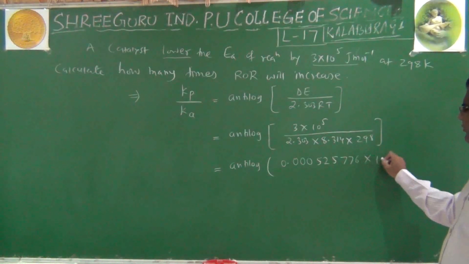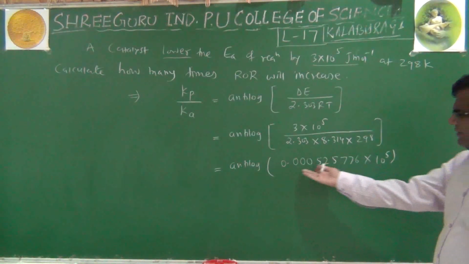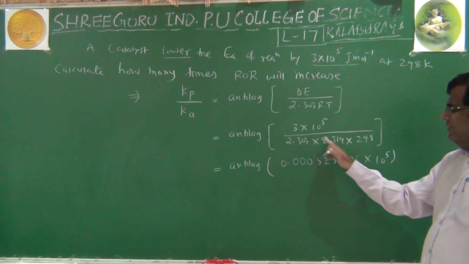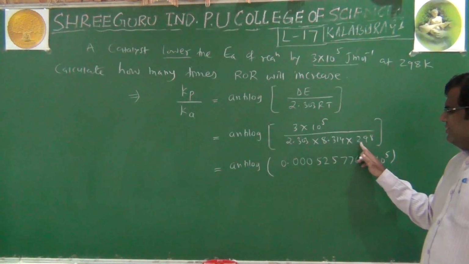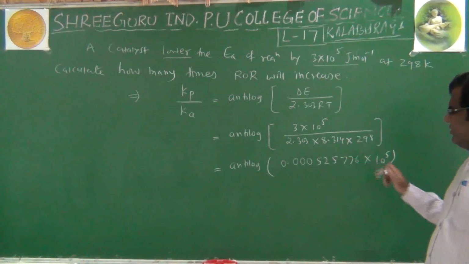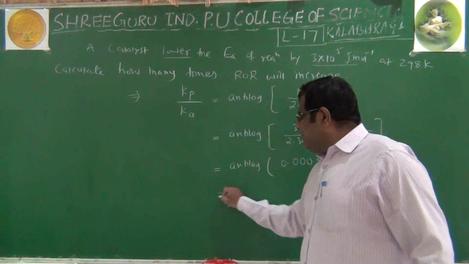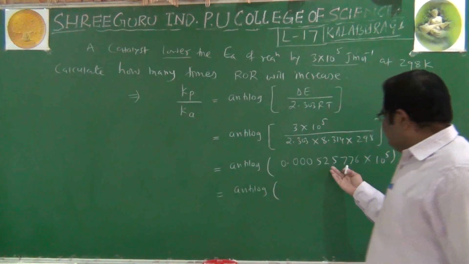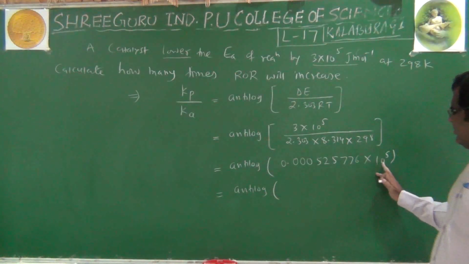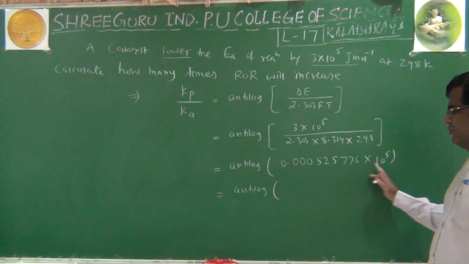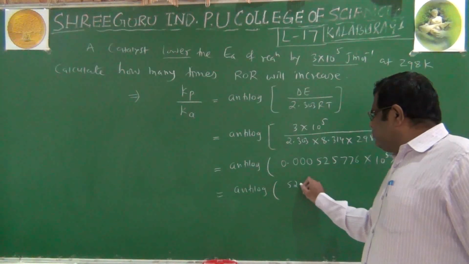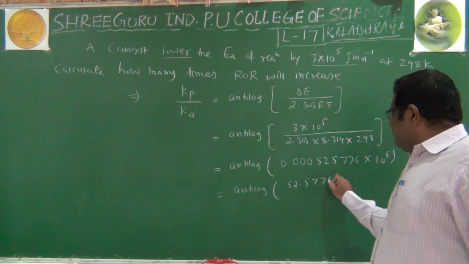Into 10 raised to 5, you will get this number by 3 divided by 2.303 divided by 8.314 divided by 298, and this 10 raised to 5 as it is. We can say antilog of, if we move the decimal past 10 raised to 5, 1, 2, 3, 4, 5, I can write it as 52.5776.